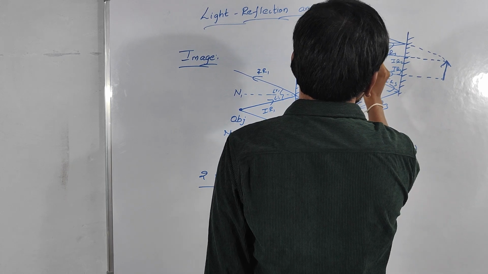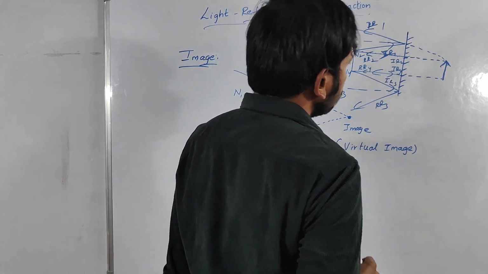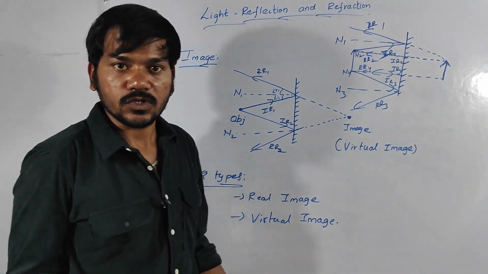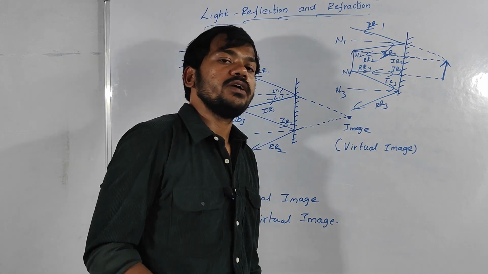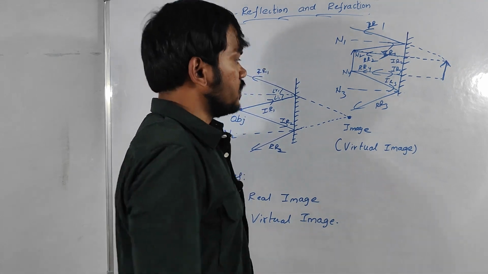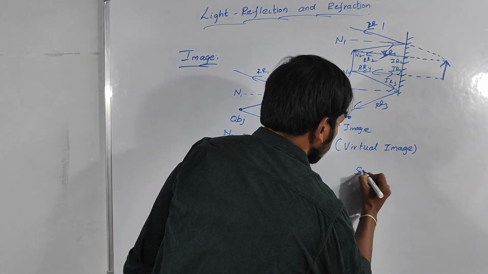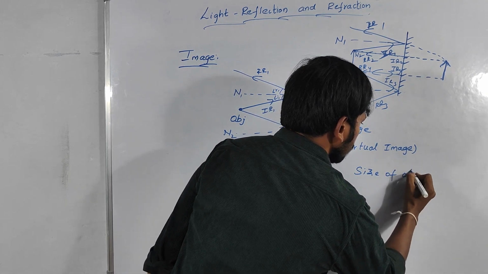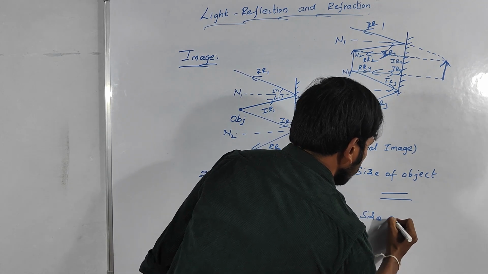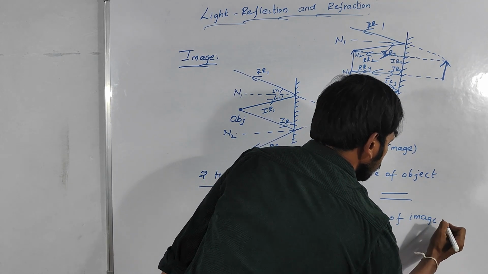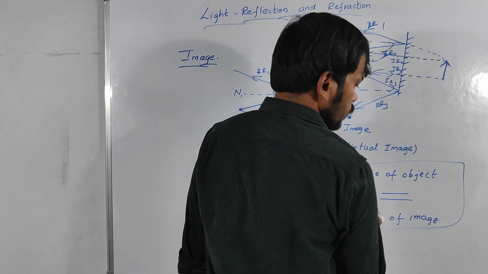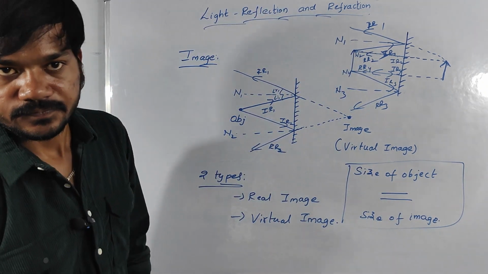This is N1, and here N2 is also present. In such a way, the virtual image, how is it? In the same orientation. So it is an erect image, a virtual image, and we have one more small property of this image: the size of the object is equal to the size of the image. Clear now? Size of object equal to size of image.